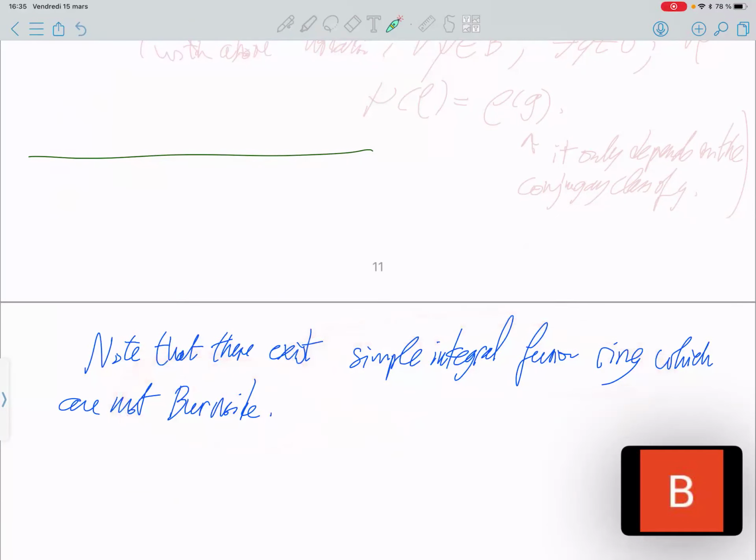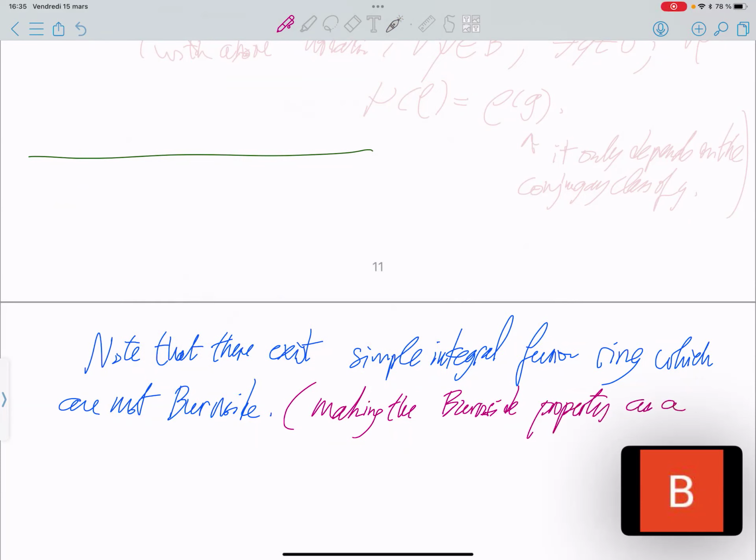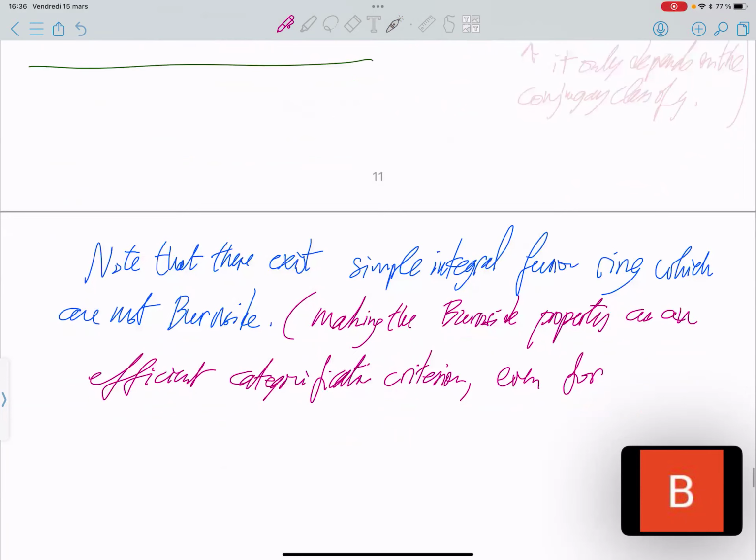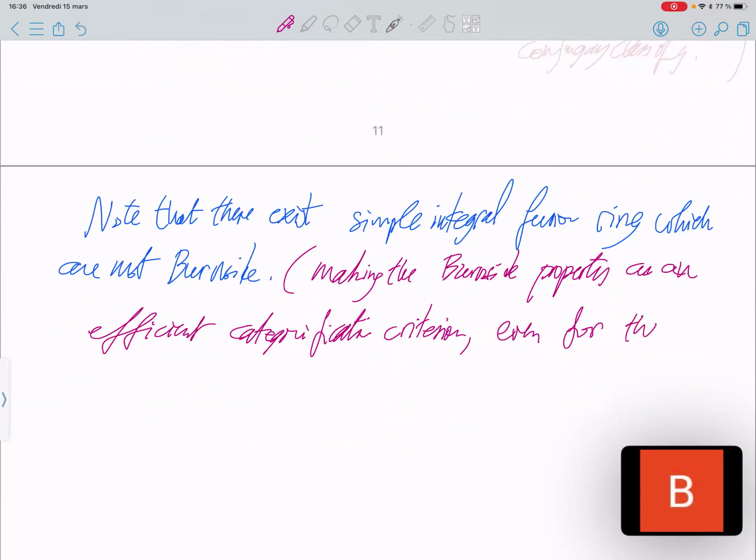The fact is the Burnside property is a criterion making the Burnside property an efficient categorification criterion, even for the class of simple integral fusion rings I am personally interested in.